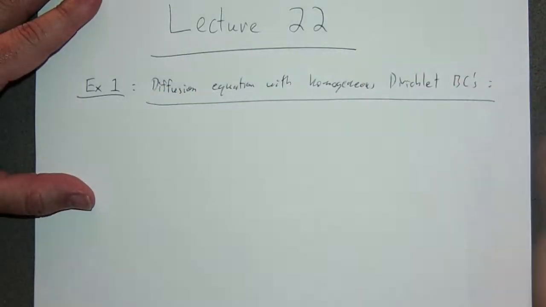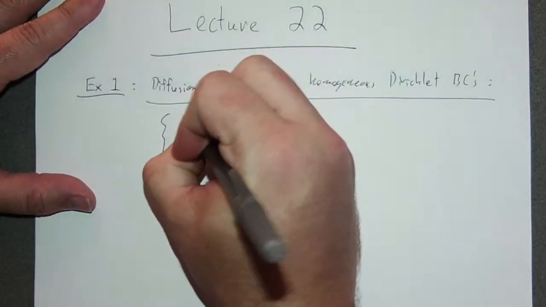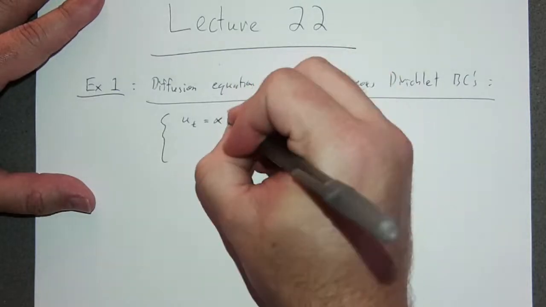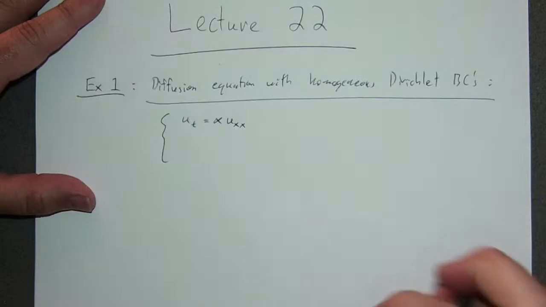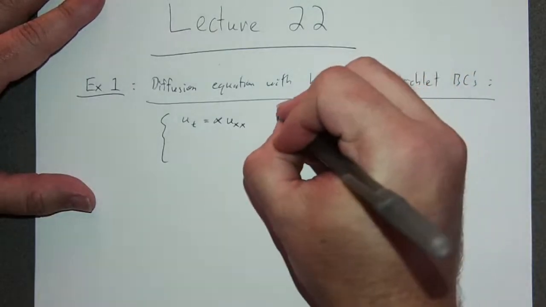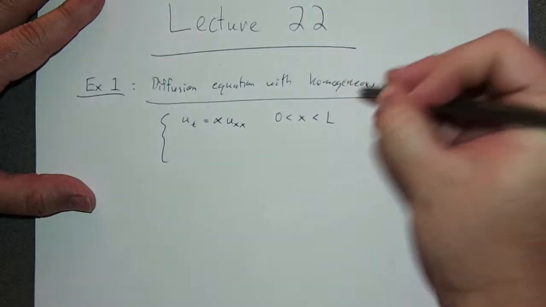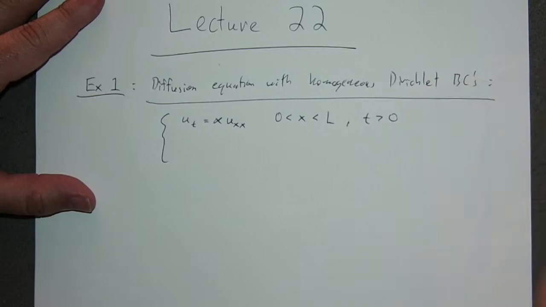So what does that look like in one spatial dimension? I have the equation u sub t is equal to alpha u sub xx. We seek a solution on some region, we're thinking of it as a metal bar, so x between 0 and L, t greater than 0.